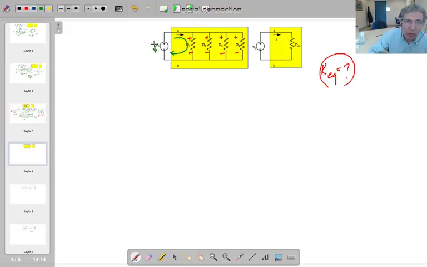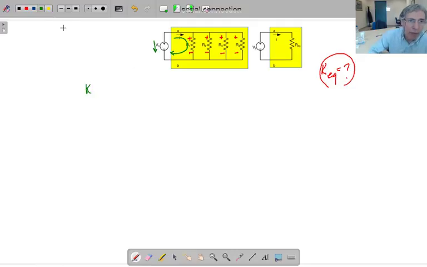This direction is opposite to that direction, therefore the Kirchhoff voltage law equation has minus Vs. And since this element's current reference is from plus to minus, the sign is going to be plus VR1 equal to 0. Then VR1 is equal to Vs. Similarly, let's change the order: Vs is equal to VR1.